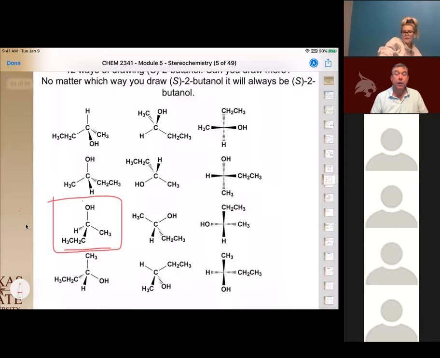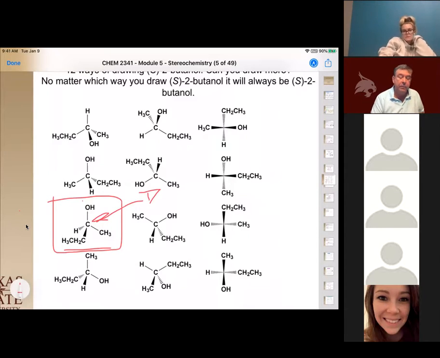The cool thing is our hydrogen is facing back, so all we have to do is look at the molecule in this direction. We're looking at the chiral carbon here, and now we have to assign priority to the other groups. We know our oxygen is 1, this is 2, and this is 3, and our hydrogen is always 4.